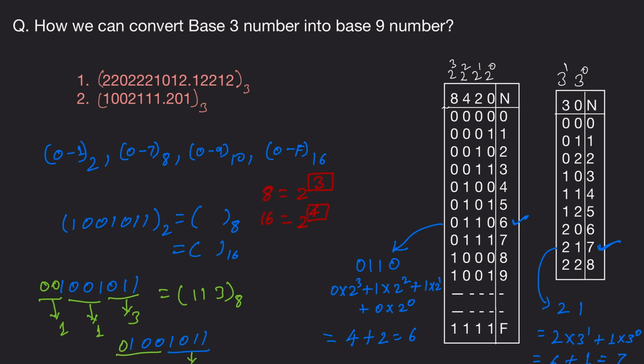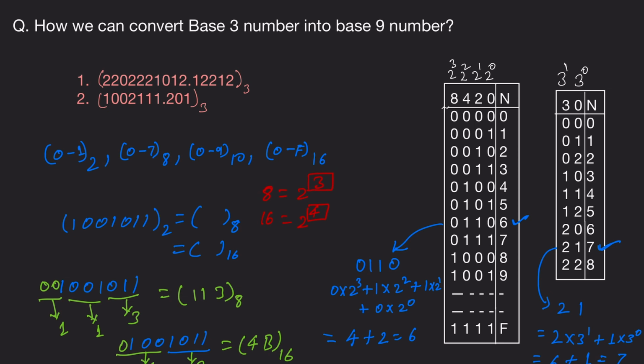Write the corresponding value. So it is 11, and 11 means it is B, and it is 4. So 4B is the base 16 number.